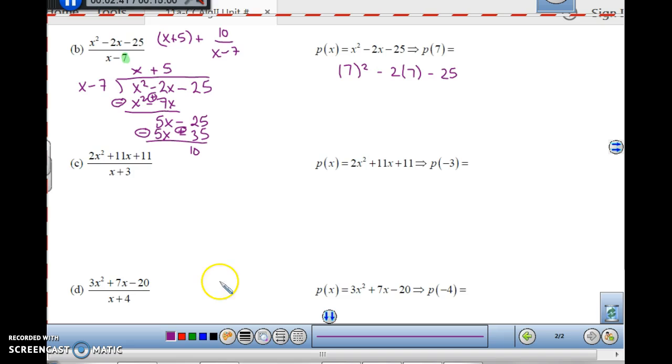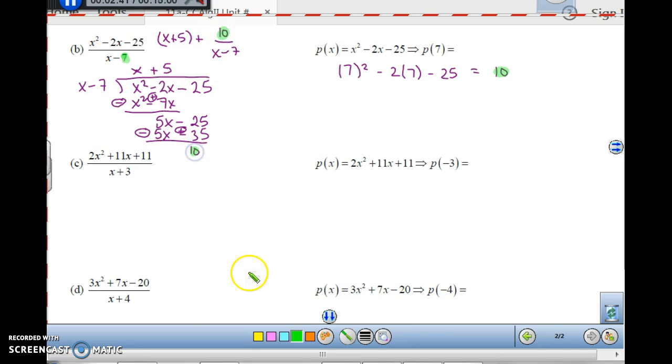I get 10. That's going to equal 10. So when I plug in the a value of 7, I got 10. What was my remainder? My remainder was 10. Huh, it's working again.